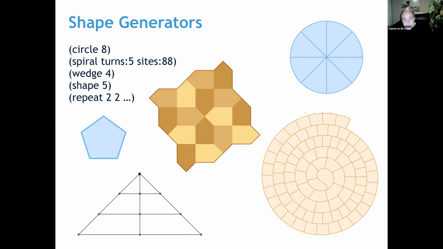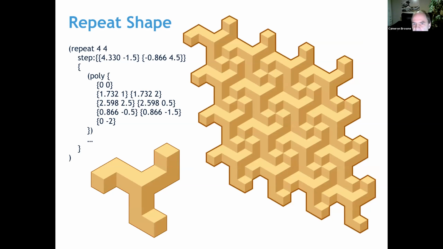We have a wedge shape. We have the shape itself. We just specify a shape. And we can define custom shapes using polygons and repeat them. So this lets us create quite interesting boards. So here we define a unit and then just repeat it as we want. And so this board could be played in 3 phases, light, medium, and dark, and the phases could interact.